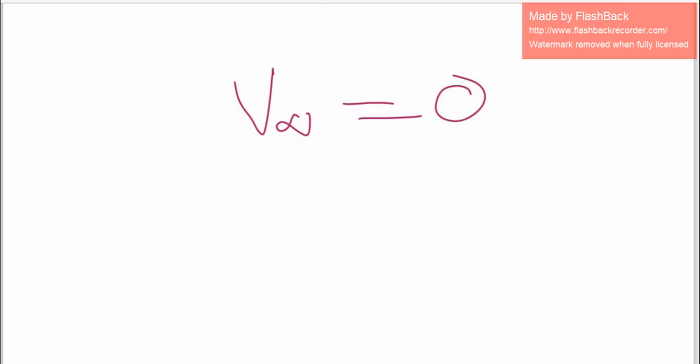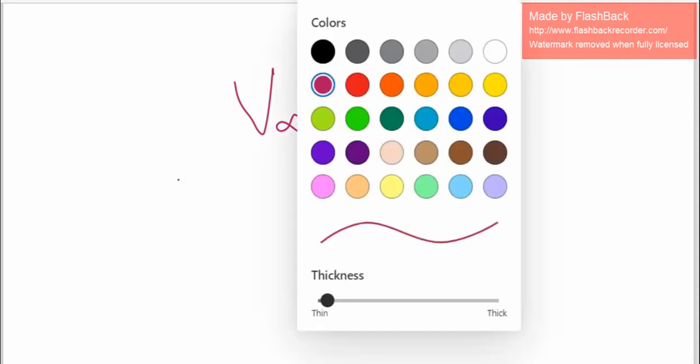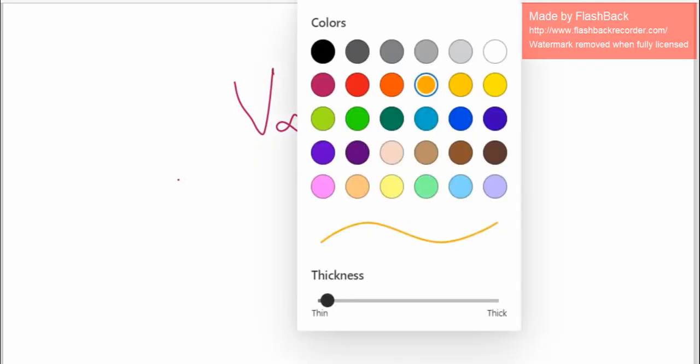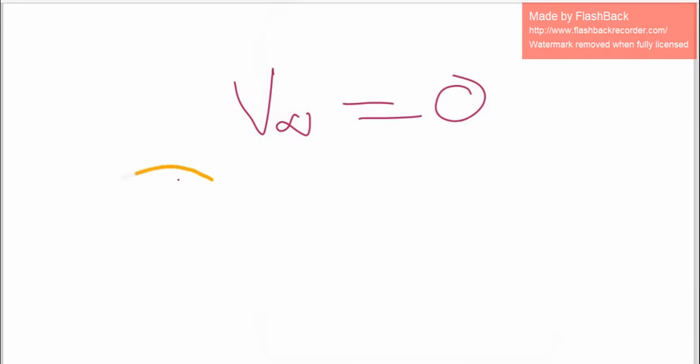So if I take an example of a Van de Graaff sphere, I will change my color. This is our Van de Graaff.